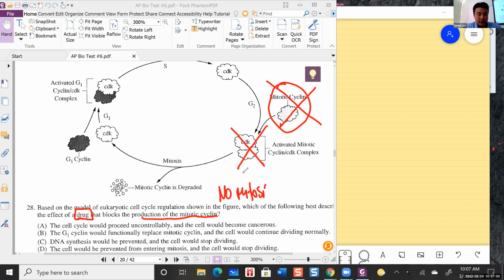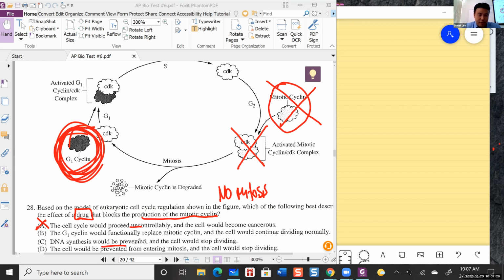This is your conclusion. So choice A, the cell cycle will proceed uncontrollably and become cancerous. Out of control, no. Choice B is talking about G1 functioning normally. Choice C, G1 cyclin will functionally replace the other, but there's another cyclin right here. They're saying that this one will replace the other one. Well, we don't know; there's no information that says that is the case. But let's read on.